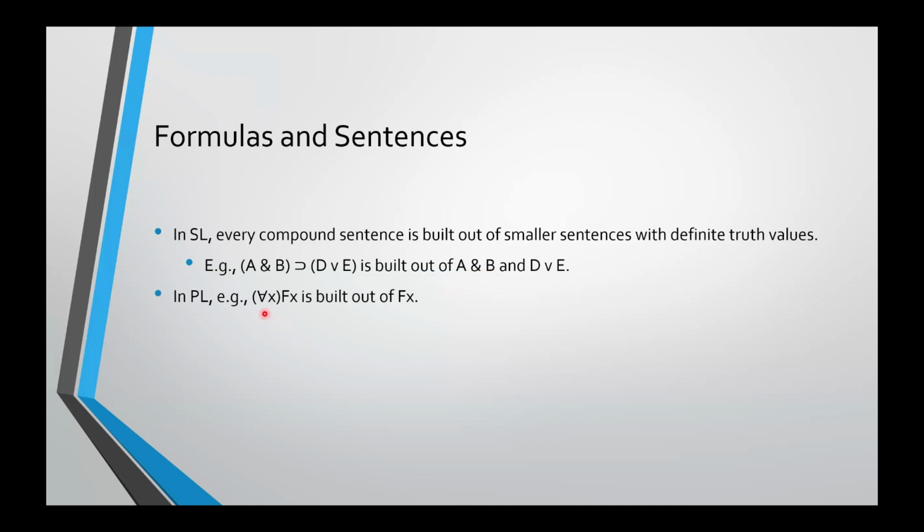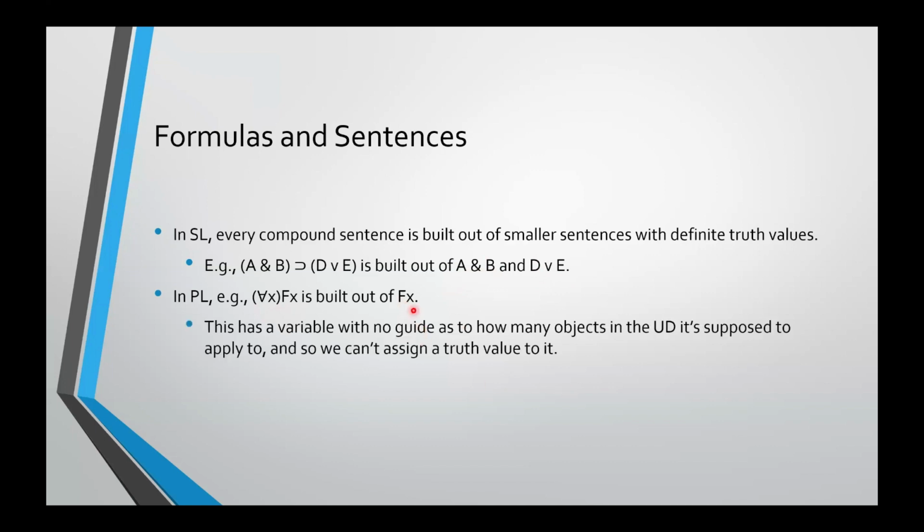So if you take, for example, for all x, fx, the way that you build this in PL is by taking fx and then you put a universal quantifier in front of it. But fx here, you've got this variable and you have no guide as to how you're supposed to interpret it.